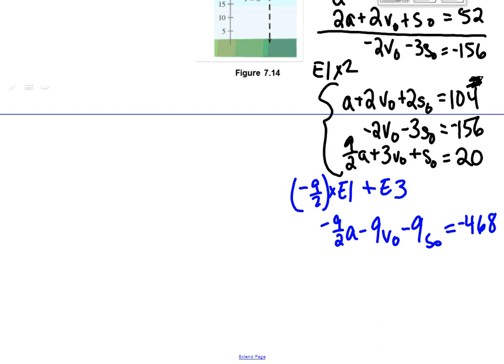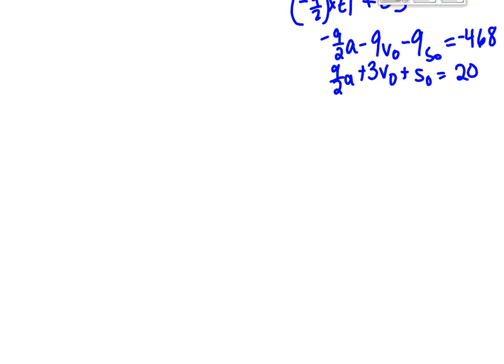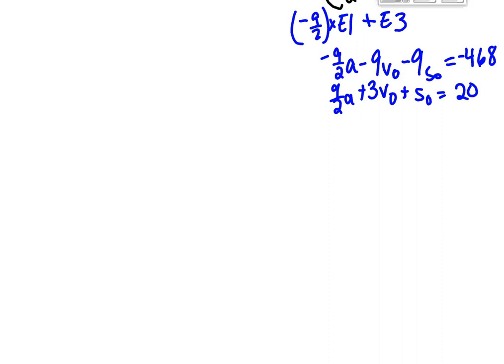And then I'll write below it E3, which is 9 halves A plus 3v sub 0 plus s sub 0 equals 20. And then let me put that way up so that I can see a little bit better. And then I'm going to add those two together, and the A's cancel. I get negative 6v sub 0 minus 8s sub 0 equals negative 448. And so that's my new E3 row.